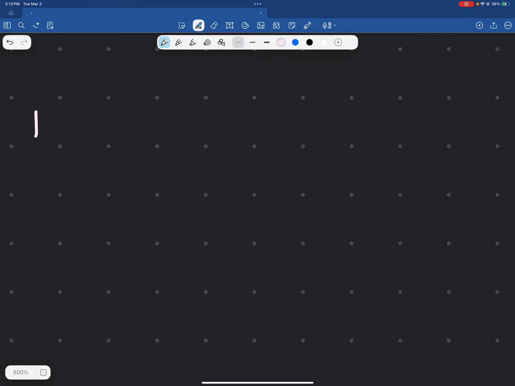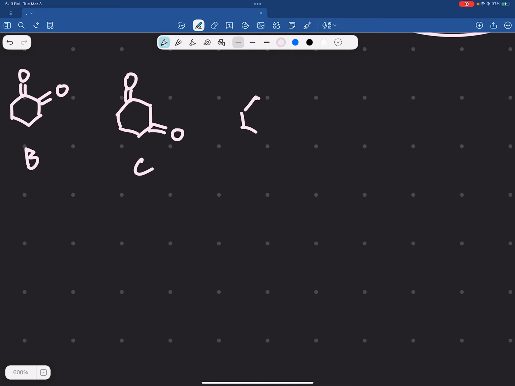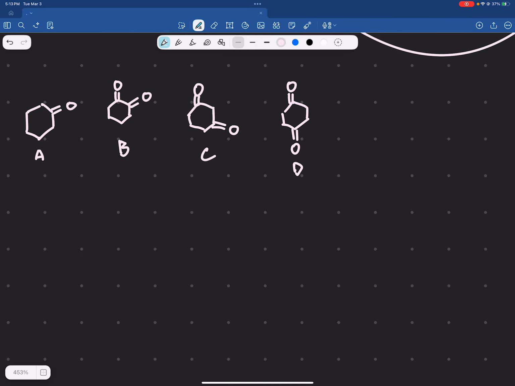So, let's call that A. Let's call this B. Let's call this C. And let's call this D. So, which one of these compounds is going to be the most acidic? So go ahead and try that.